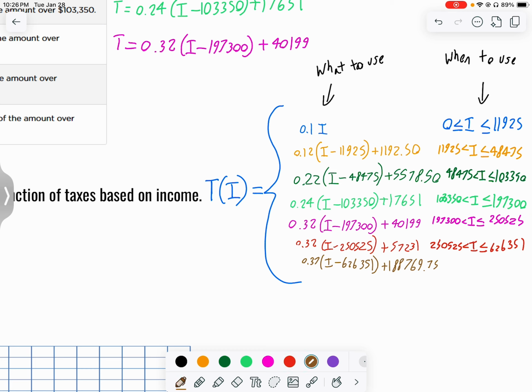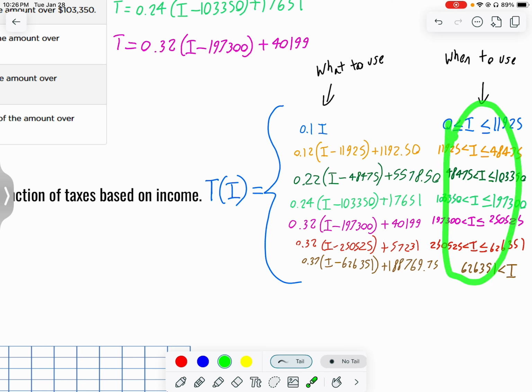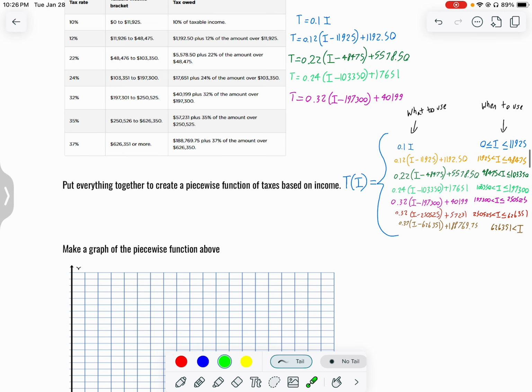We're going to say 626,351 is less than I. So if your income is greater than 626,000, you use the bottom function. This whole part tells us when to use the function. This tells us what to use. All right? And that gives us a nice giant piecewise function.